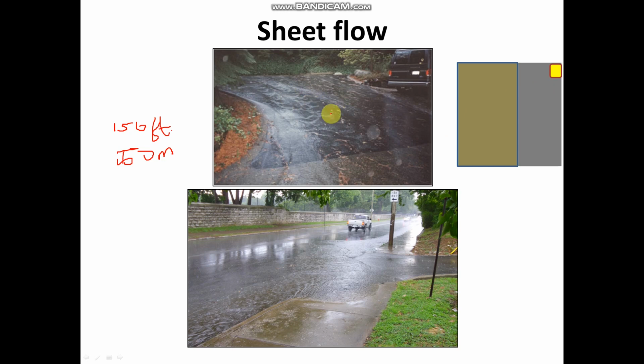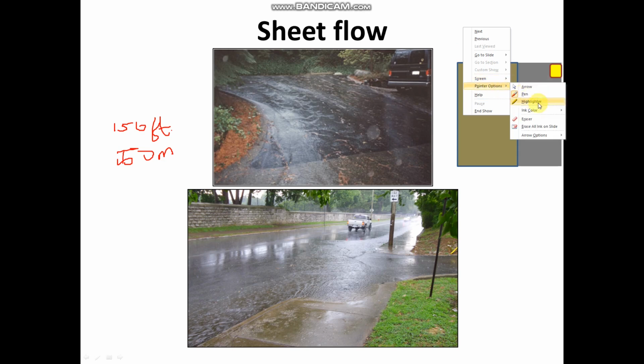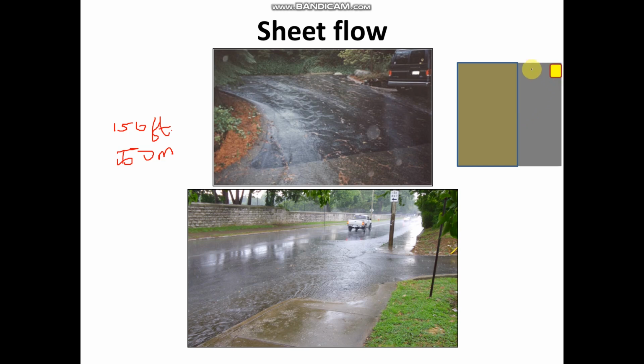Okay, and here I have drawn a small picture to illustrate how the sheet flow time of concentration needs to be calculated. I'll draw with some other color. Okay, so here you can see this is a road, and this is a land which is adjacent to the road.